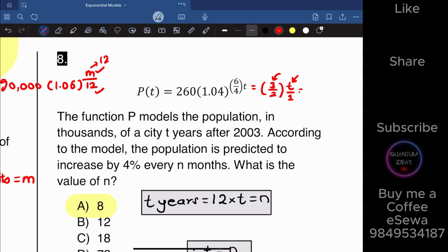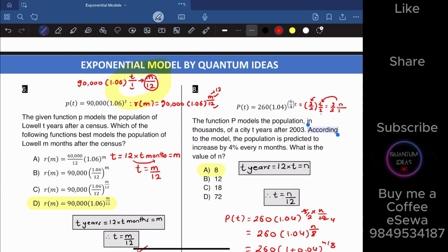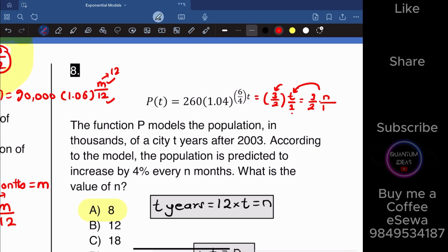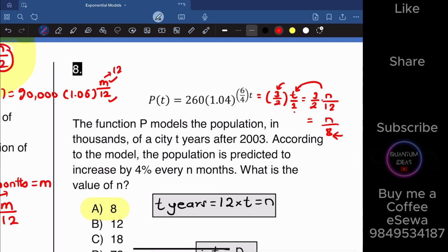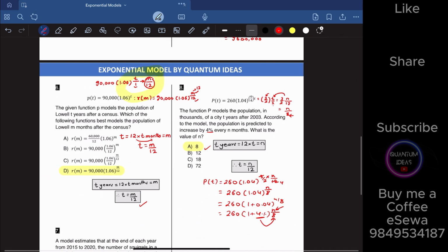Now convert t years into n months, and 1 year is equivalent to 12 months. If you solve this, you will simply get n by 8. That means out of the total months, in every 8 months the population will increase by 4%. So our answer is 8. In this way you can also solve.